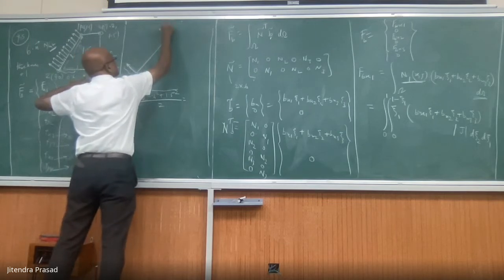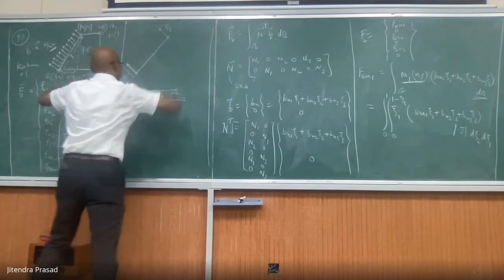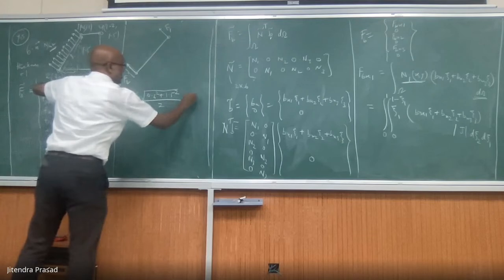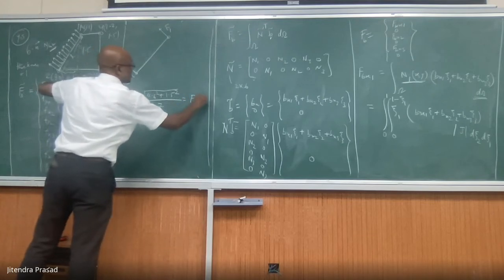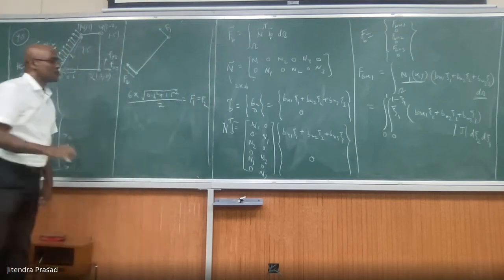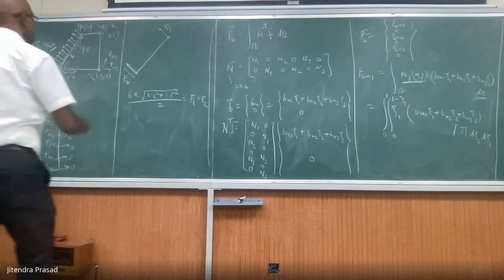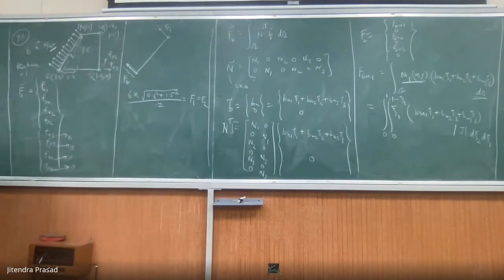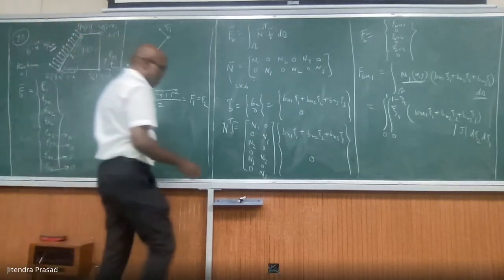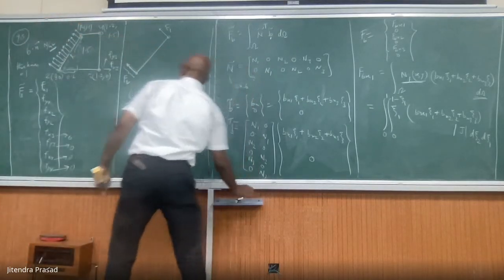So F1 is equal to F2, both will be this value. Only thing now is how to divide it into components. That's what you need to do.